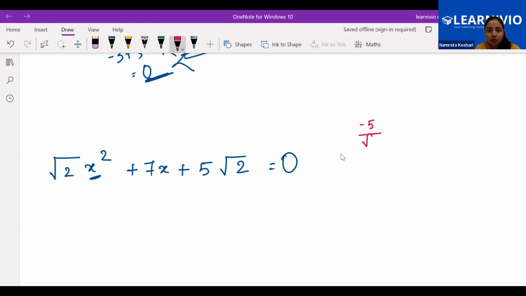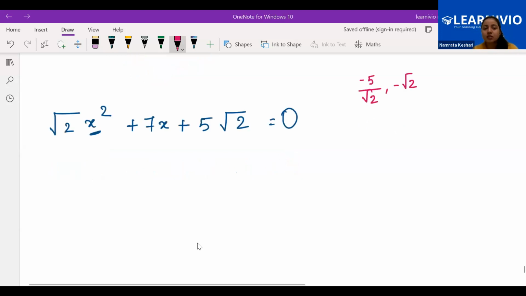Minus 5 by root 2 and minus root 2. That's what Maha said. Okay, let's do it together. First, we'll be doing the multiplication of A and C. A into C. A is root 2 and C is 5 root 2. 5 root 2 into root 2 will be 5 into just 2.